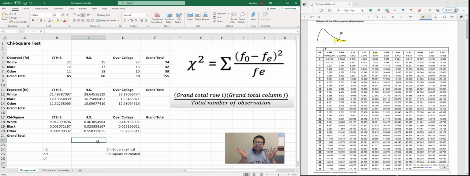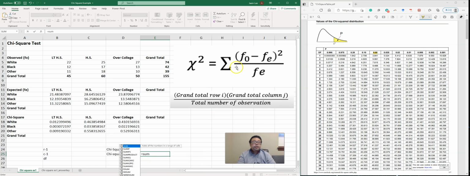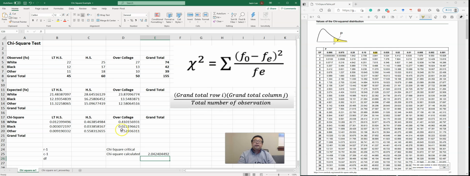So our calculation will be the chi-square calculated, so that is the sum of all those numbers. So drag it all together. And alright, the chi-square calculated is 2.04 something. Maybe we can round it off.